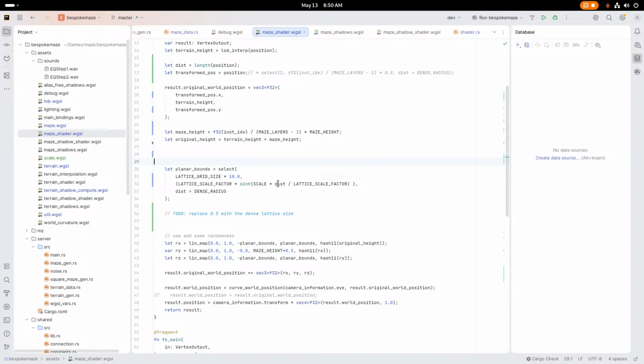Oh, but dist is in world dist. Oh, yeah, okay, wait, hold on a second. There's more to this than I thought. So I need to convert it to the lattice grid size first, and then... No. Ah.